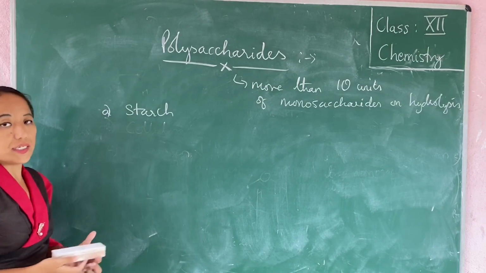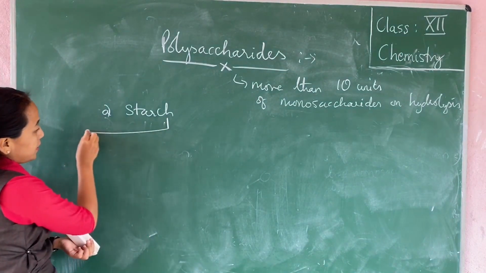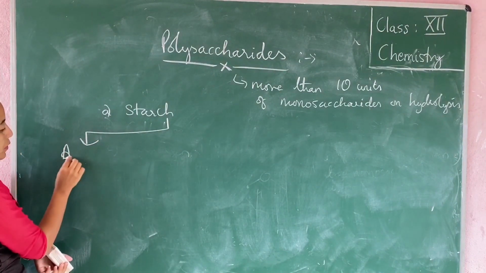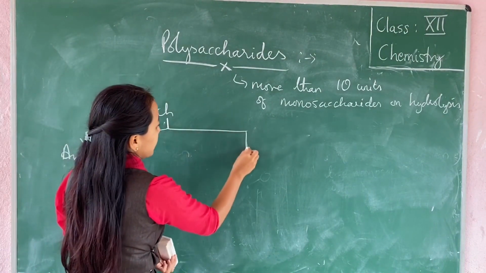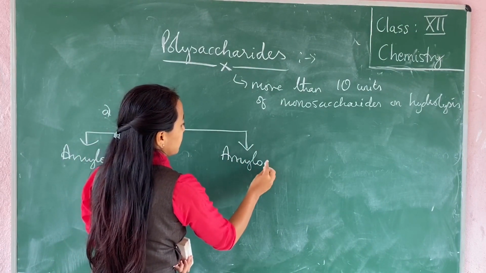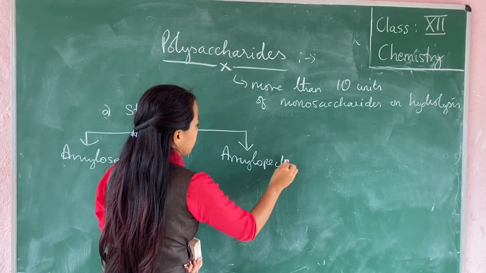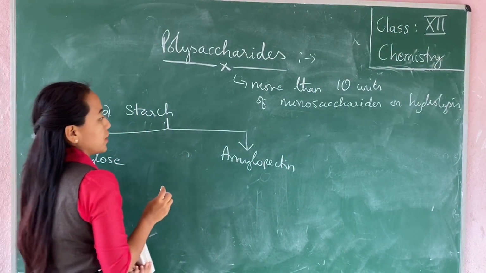Now starch is made up of two components. The first one is amylose, and the second one is amylopectin. These are the two components of starch.